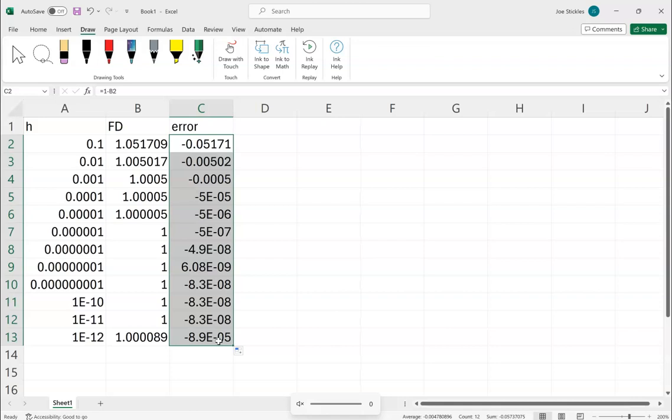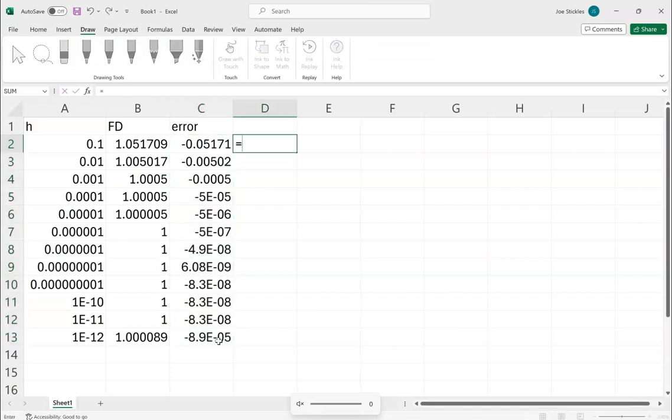So again, this should be a constant times h, whatever the h is. So if I divide these errors by the h value, I should see relatively the same number until things start to go haywire. Okay? So just to do that real quick, I'm going to take that C2 number and divide it by the h number.